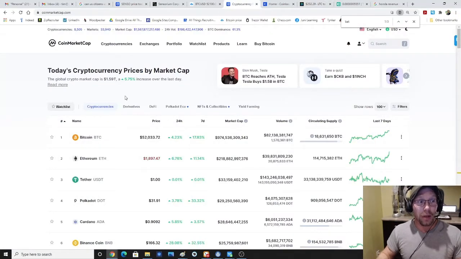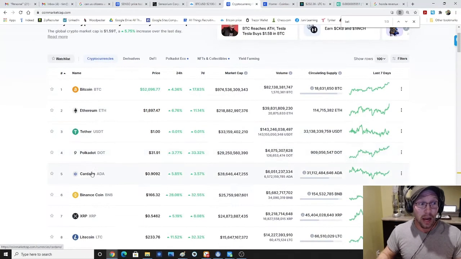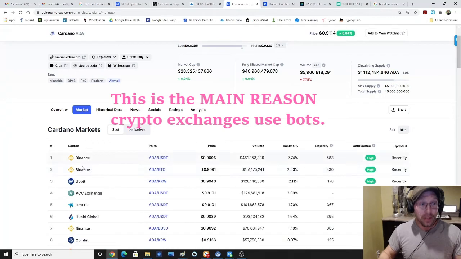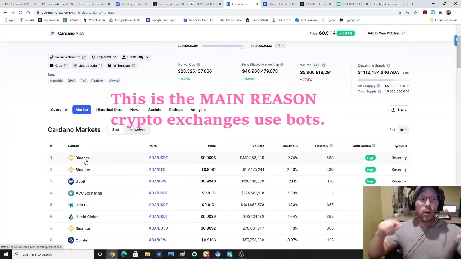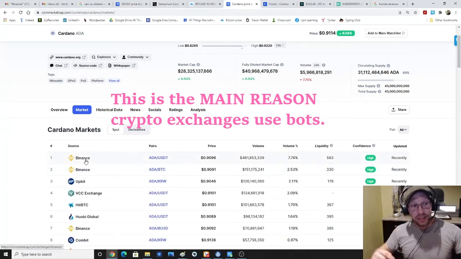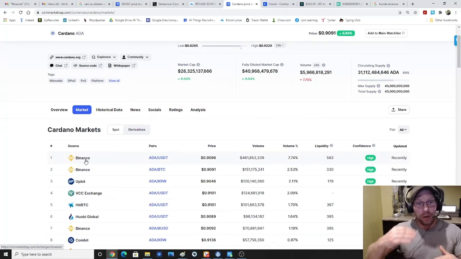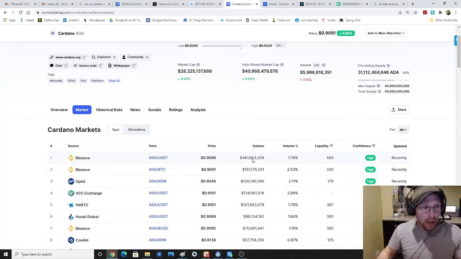On CoinMarketCap, when somebody asks, how do I buy Cardano, companies with the most trading volume go to the top. So exchanges have incentive to fake actual orders and buy and sell to themselves, and obviously Coinbase won't be charging itself. So it's just buying and selling to itself for free, essentially, and it's driving up its volume.